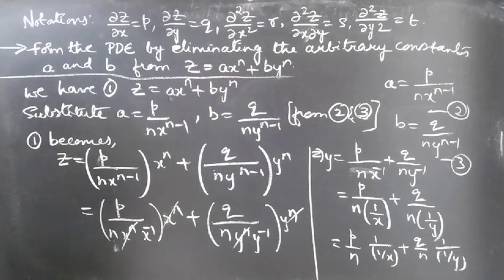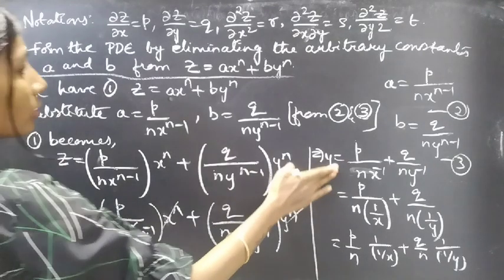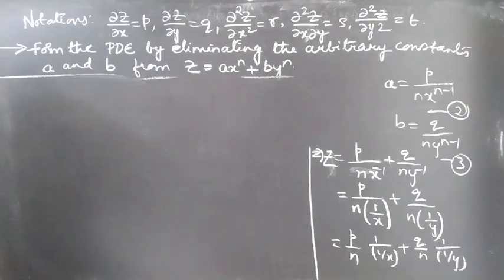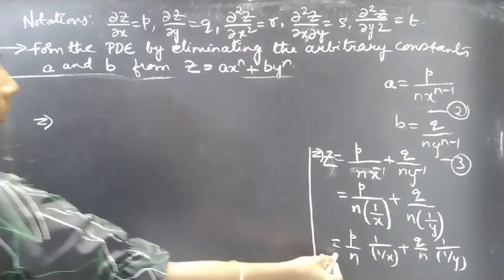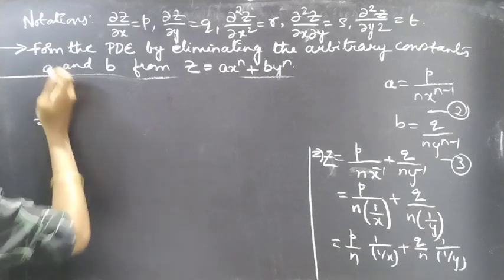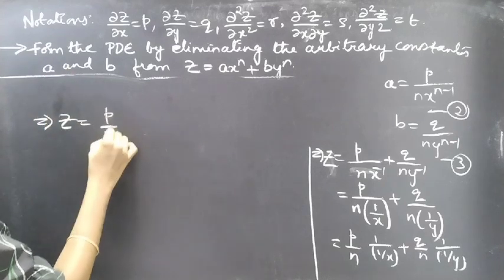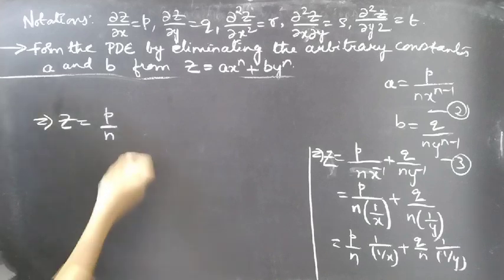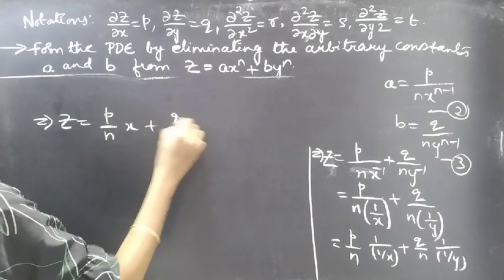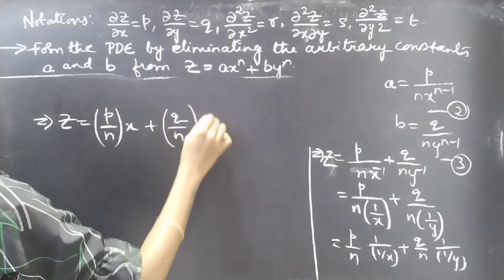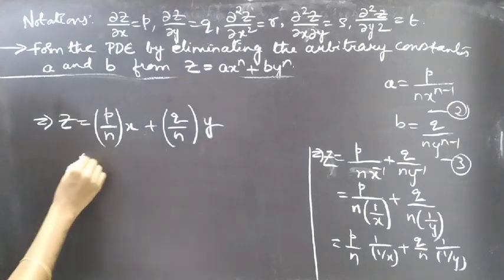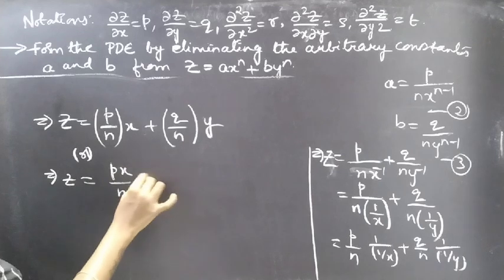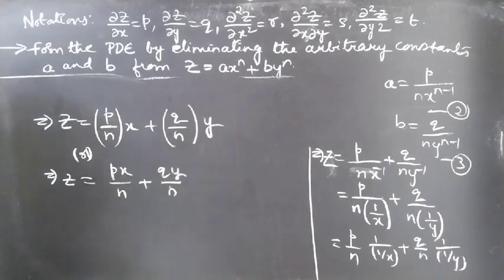Right? Which gives us, it's z not y, sorry. This gives us z equal to p by n into 1 by x inverse, the reciprocal of x inverse is x. Okay, we'll get x plus q by n into y, or z equal to px by n plus qy by n.